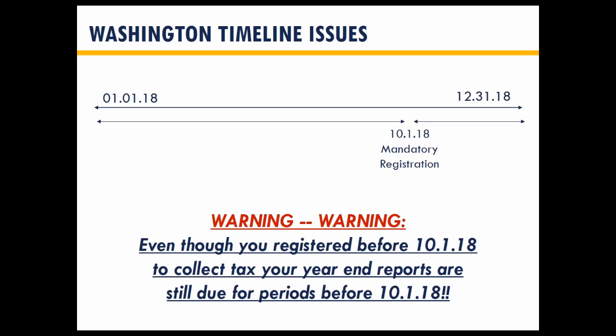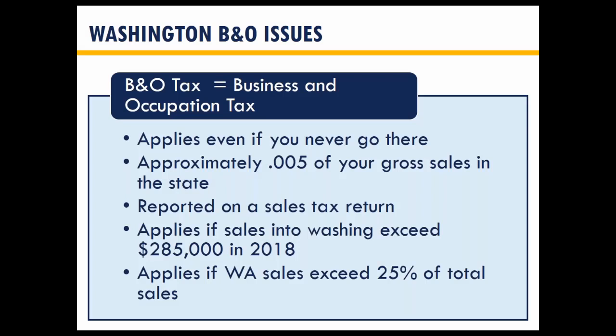It's not nice. This is their business and occupation tax in Washington. They can subject you to this tax if you do over $285,000 in sales into their state. Picture yourself as an equipment dealer. Okay, what's a combine and header these days? Will anybody in the room tell me over 300 grand for a nice one? Yeah, thought so.